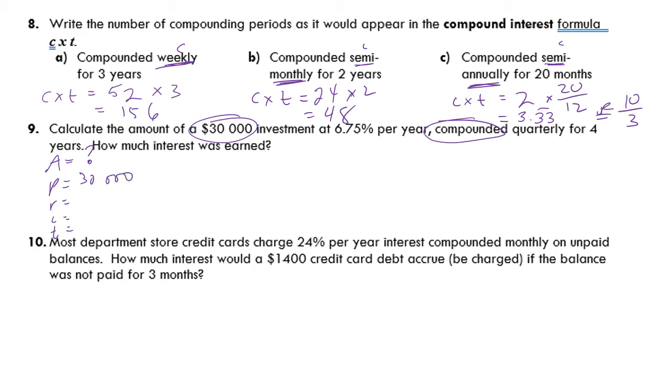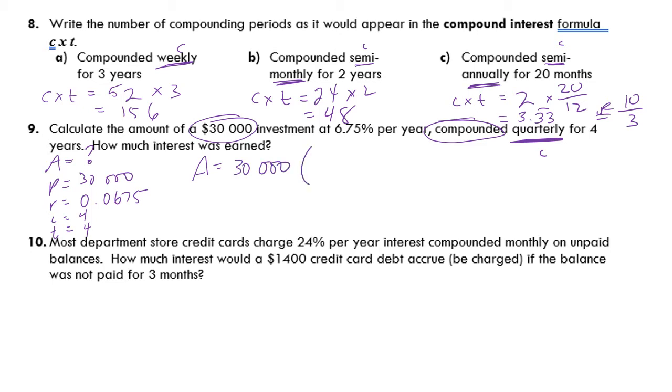My interest rate as a decimal, 0.0675. My compounding period, there's C, quarterly, that's 4. And time, 4 years. Using our formula. Now, I've written this formula quite a few times for you, so you should have it readily available. So I'm not going to write it out, I'm just going to sub the numbers in.